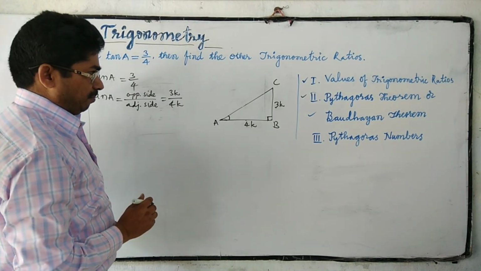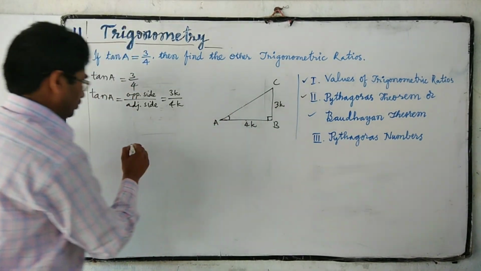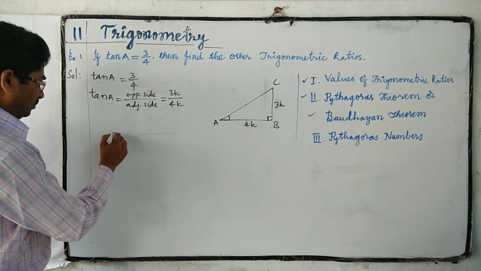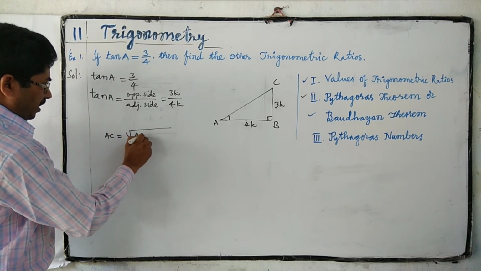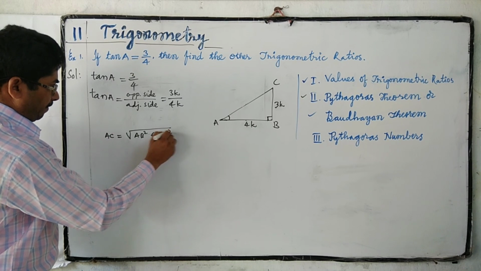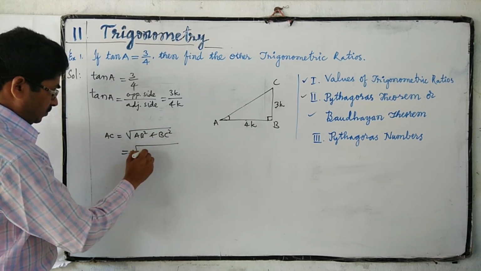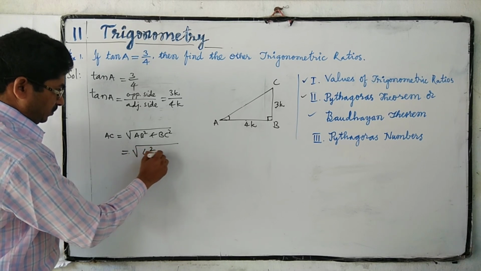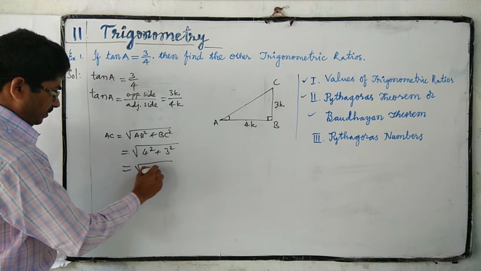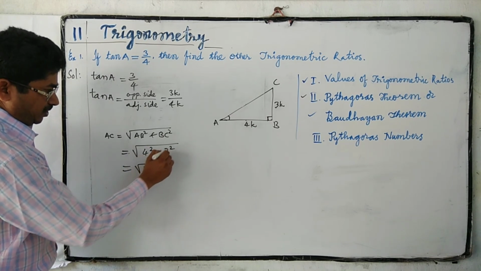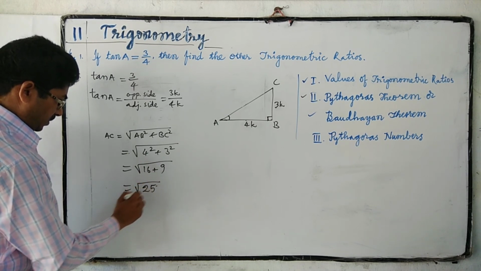What is the Pythagoras theorem? Hypotenuse AC is equal to under root of AB square plus BC square, which is under root of 4 square plus 3 square, under root of 16 plus 9, under root of 25.